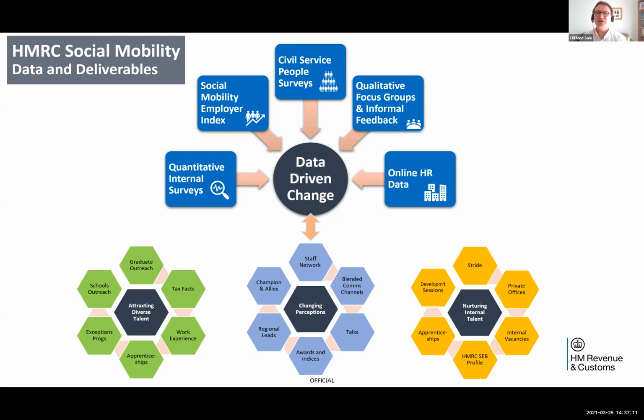But once again, it's challenged us around some of the assumptions that we've made, and we want to understand more about that, and that's the whole purpose of good data: it challenges you and makes you want to look further. Most importantly, it's involved the vast majority of our people, so it's increased awareness and interest around social mobility, and people's interest to be part of that change. As a result, we've seen big increases in our staff network, which has trebled in size over the last year.